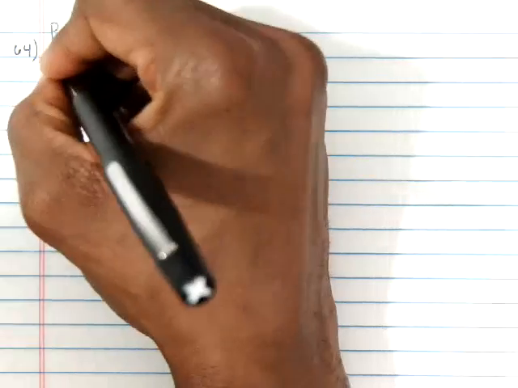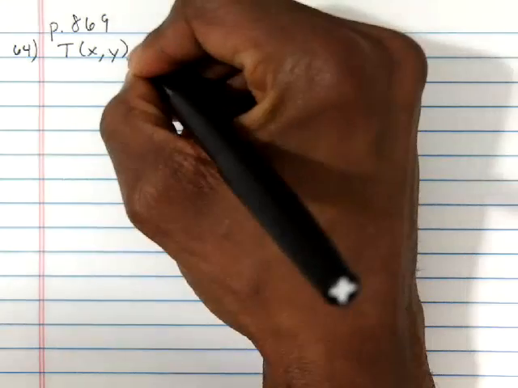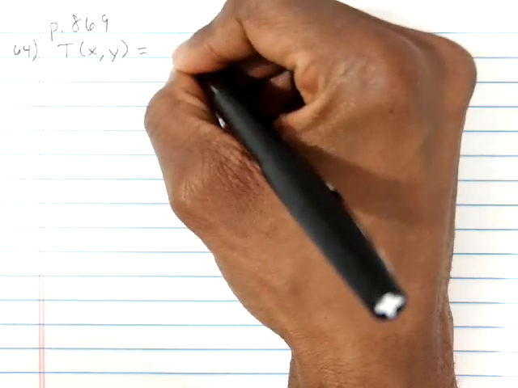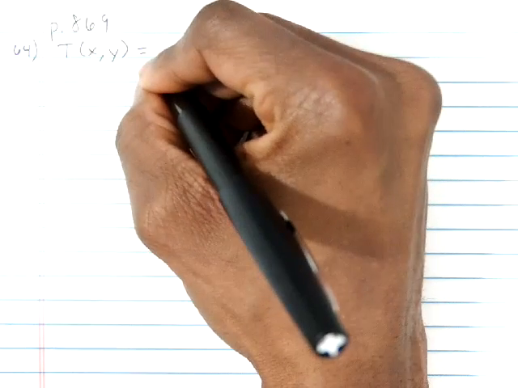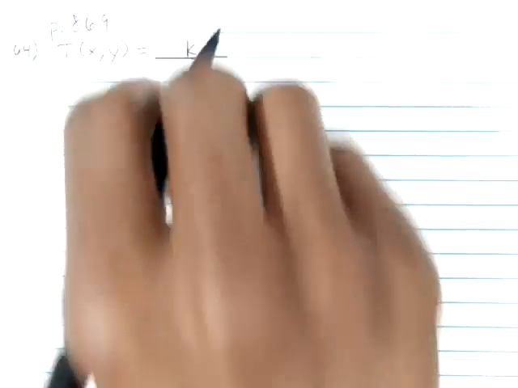So they tell us that it's a temperature function, and I'll read again. The temperature at a point on the plate is inversely proportional to the distance from the origin. So when you see inversely proportional to, it's going to be K over whatever the other part of the description is.